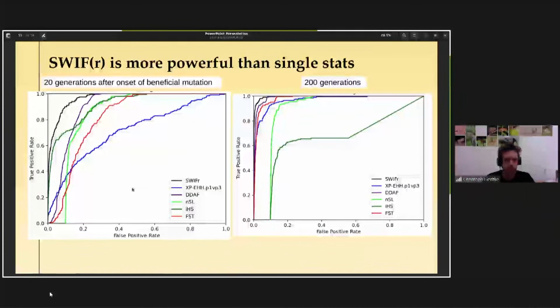The two green lines, the EHH and NSL, there's kind of a lag before it takes off on that curve. I was trying to follow that, and I got lost. It's definitely not my topic, but they seem to be behaving very differently to the other metrics. Do you know what I'm referring to?